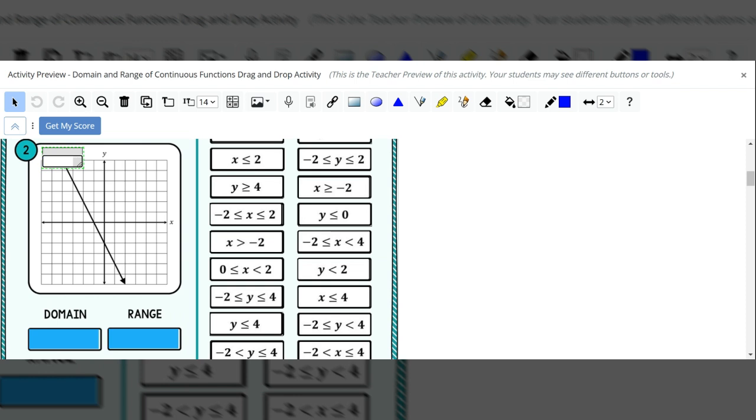Where can I find the infinity mark here? I don't have infinity. It's continuous, all real numbers. Interesting. No infinity there.